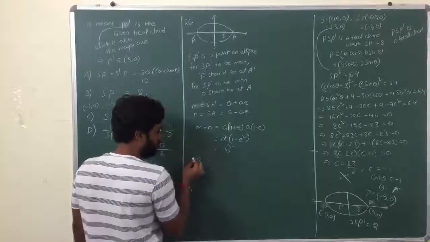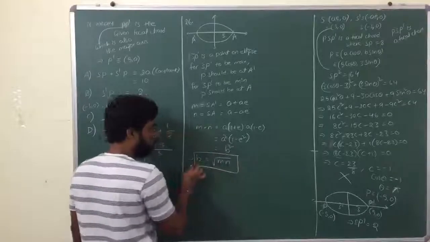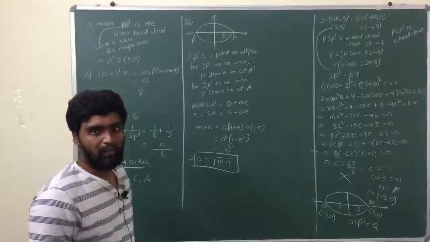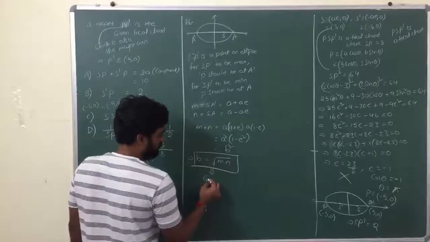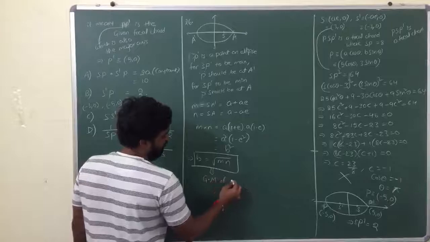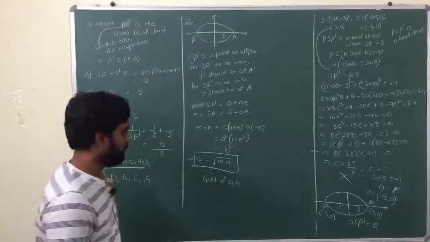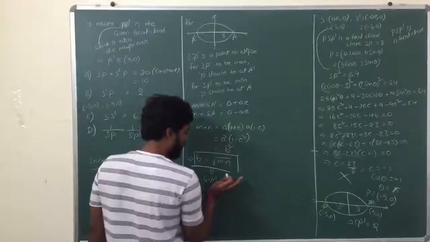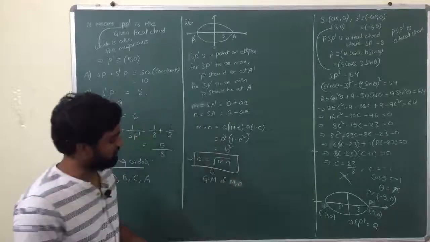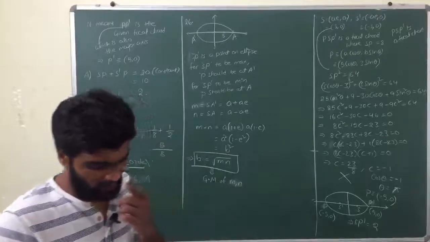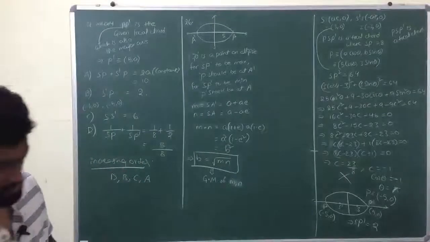So B is equal to under root MN, which is the GM of M comma N. So option B is the answer.